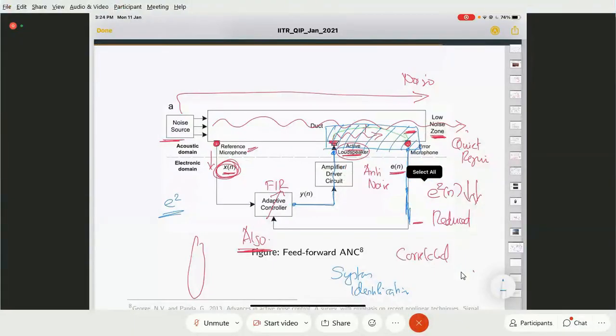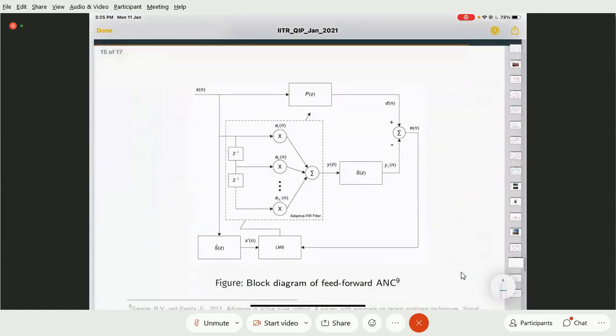Okay, so I can convert this entire block diagram. What does this block diagram contain? The block diagram contains an adaptive filter. It also contains physical systems. So what I could do is I could convert these physical systems into equivalent models. Equivalent models means I can have an FIR filter representing this entire tube structure, and I make an equivalent of this.